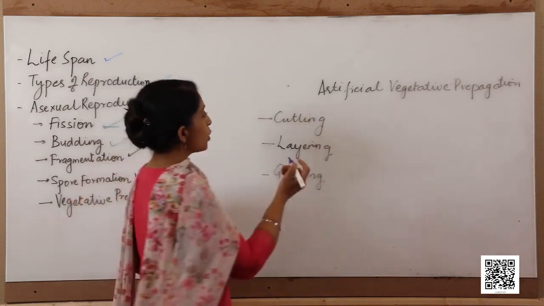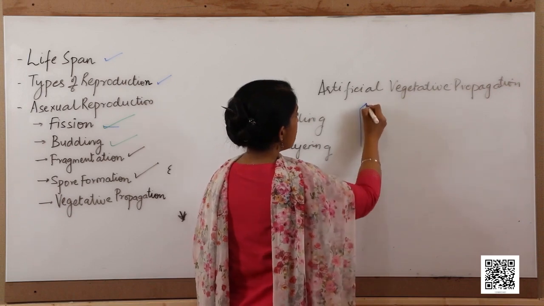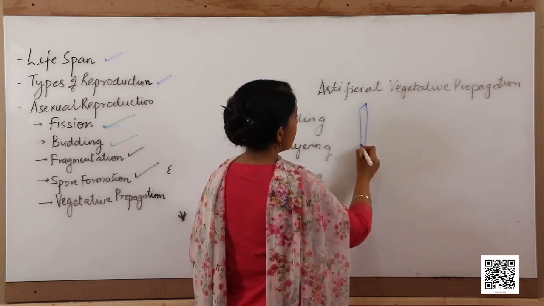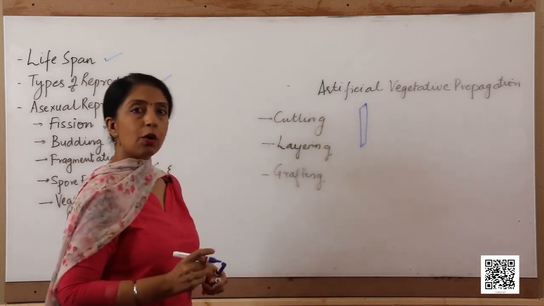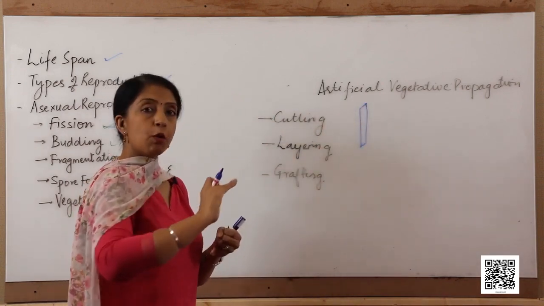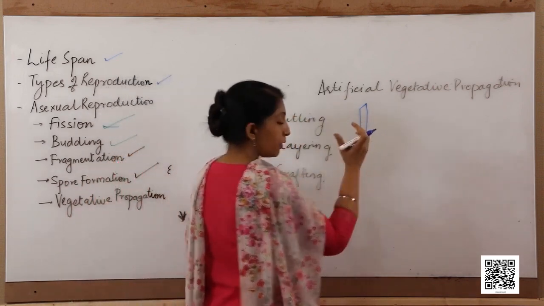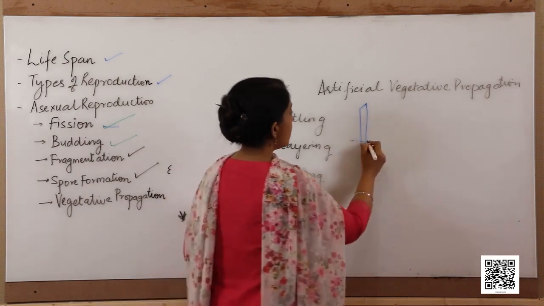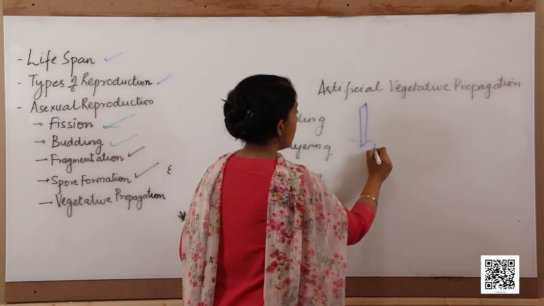So what happens in a rose plant? A 20 to 30 centimeter stem is cut and an oblique cut is given on the stem to ensure that there is a maximum exposure of the tissue. One of its sides, one portion of the stem, is dipped in the root inducing hormones or the auxins.